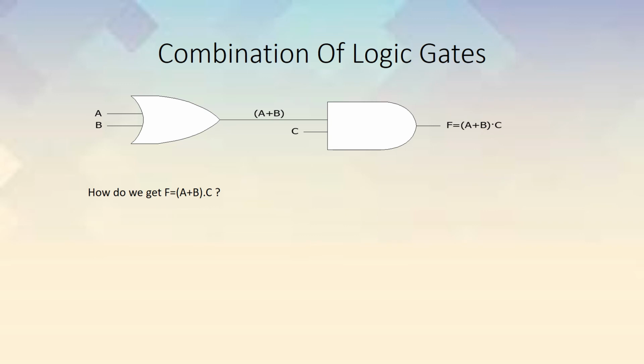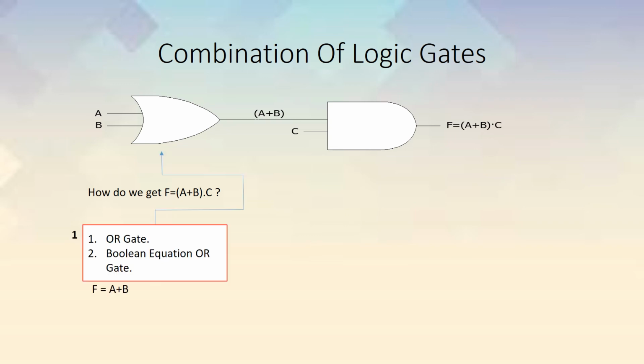Combination of logic gates. How do we get F equal to (A plus B) dot C? Look at the first step. First, we identify what kind of logic gate.